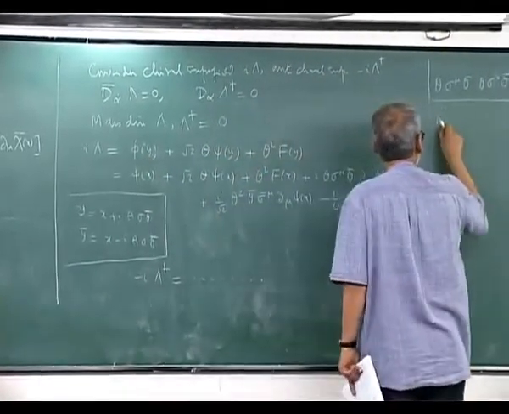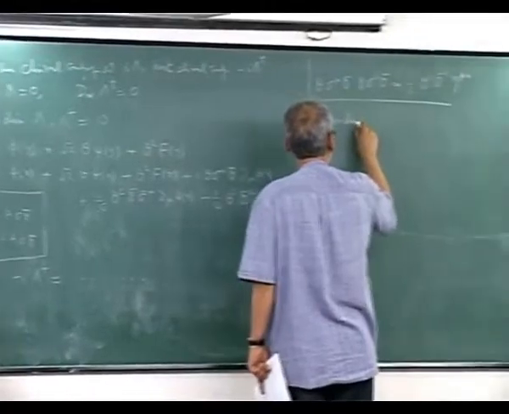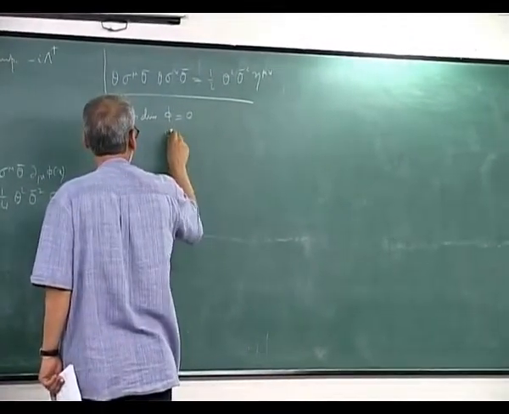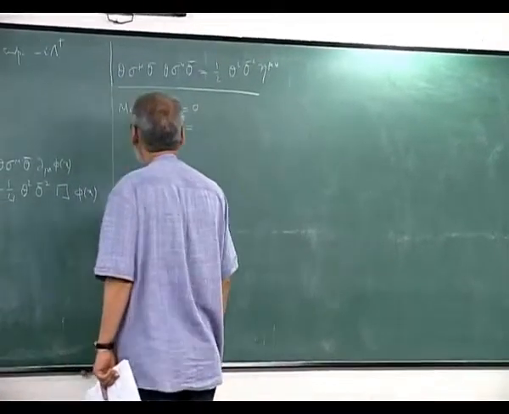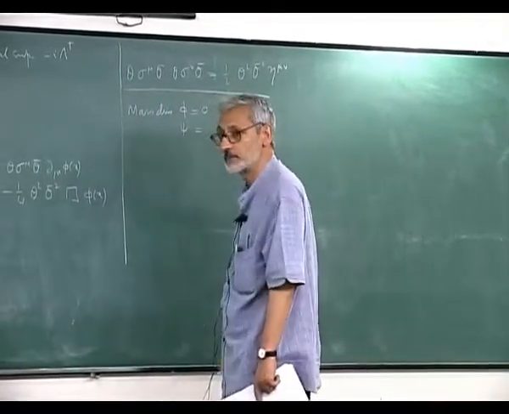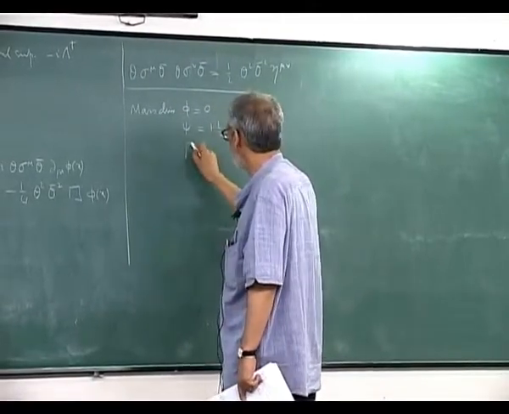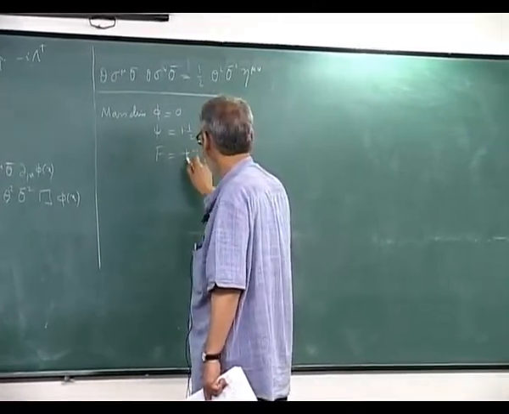The mass dimension of psi is plus half, and the mass dimension of f is plus 1.